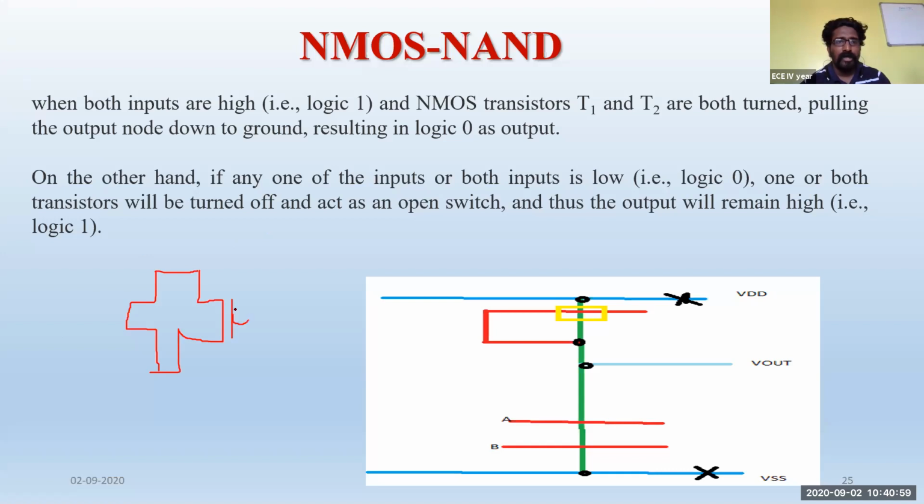This is your drain terminal, gate terminals. Let me say it is input A, and this is your input B here. And this is your VDD, this is your P1 device, and this is your P2 device. This is for the P structure.